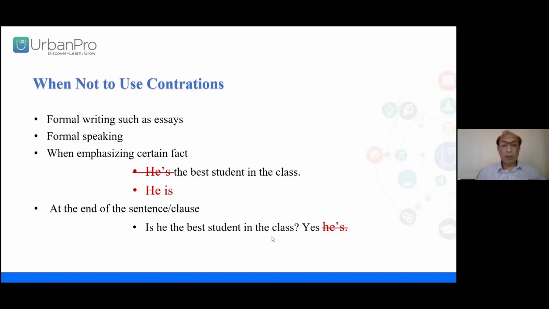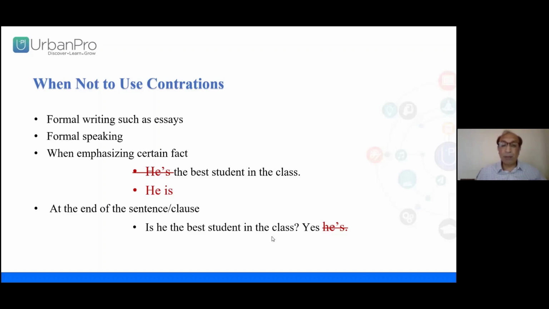And also, do not use contractions at the end of the sentence or clause. He is the best student in the class. So let's make it a question. Is he the best student in the class? Is Peter the best student in the class? So I'm asking, is he the best student in the class? The answer should be yes, he is, and not yes, he's.